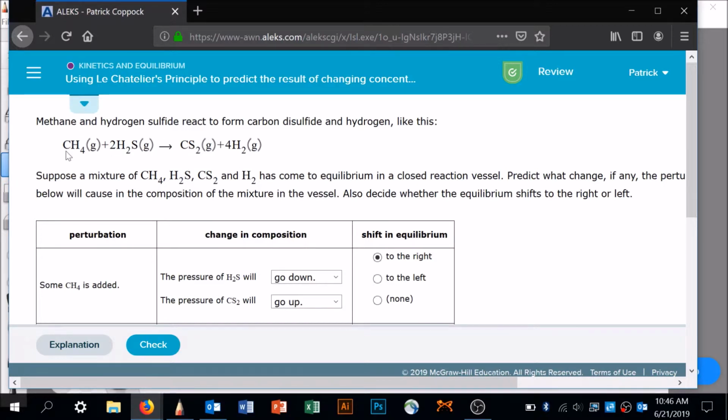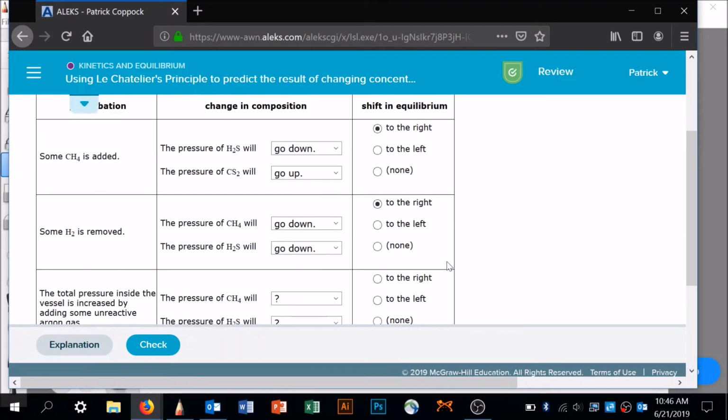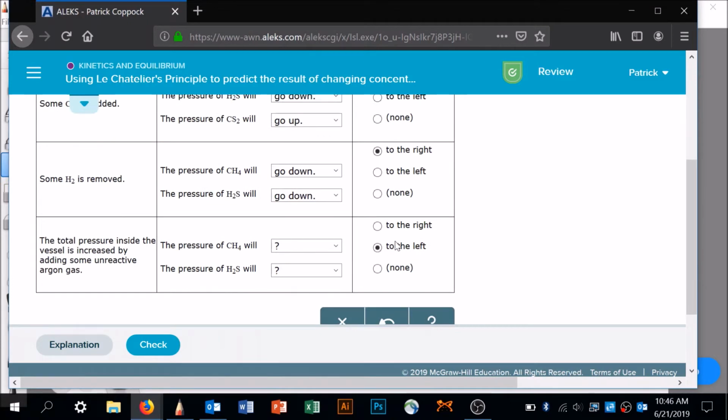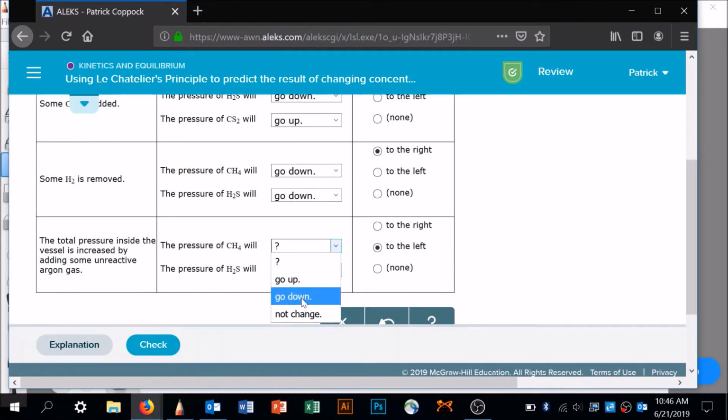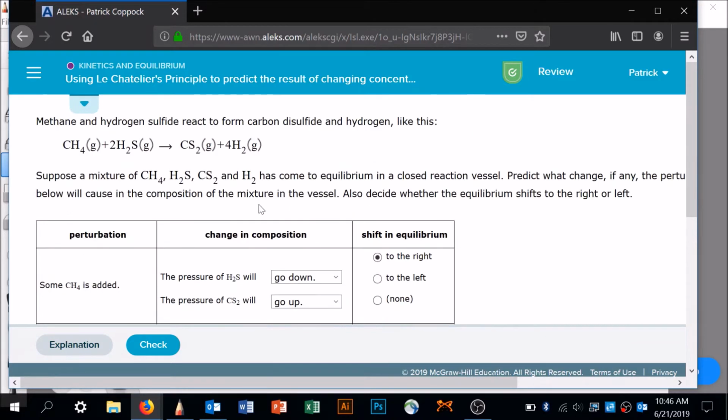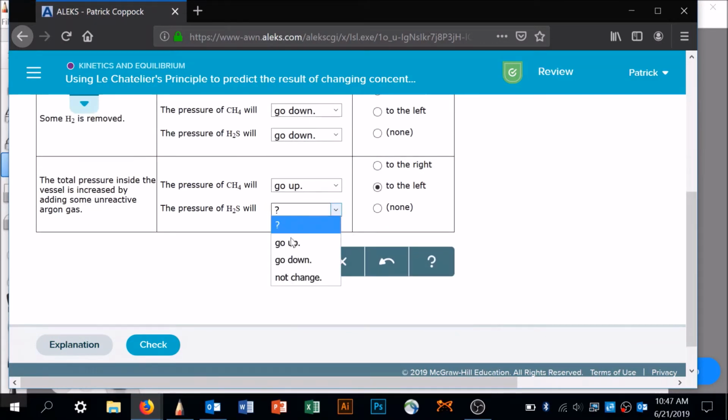You see I've got 3 moles of gas over here, and 5 moles of gas over here. So if the total pressure is increased, the system's going to go to the left, because we have to have fewer moles. And methane's going to increase, and H2S is also going to increase. Okay? Does that make sense?